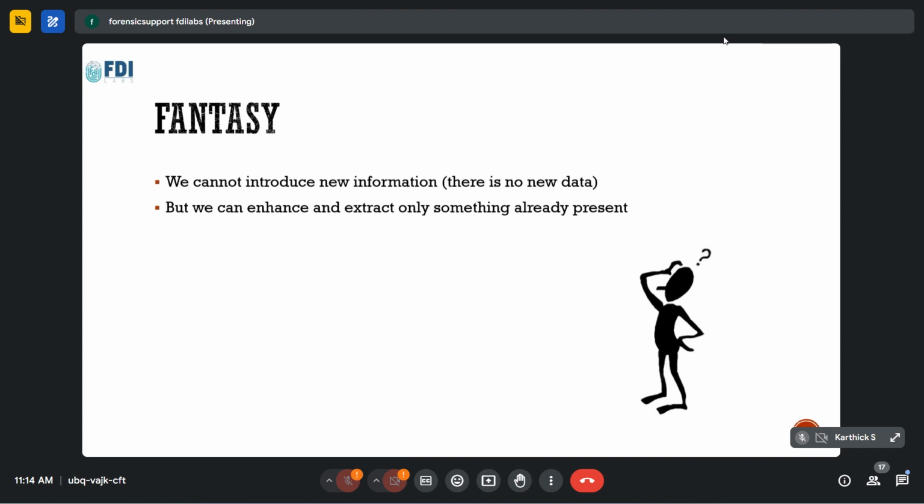But in fiction, in reality, these concepts happen in the real world, and we can introduce new information, because those are the true facts and the scenarios that happen in the real world. I introduced this concept because this is how we differentiate contents in multimedia forensics: what is the fantasy type of data that we collect, and what is the fiction type of data that we collect.